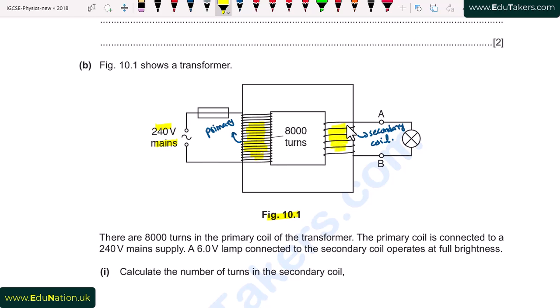Due to this alternating magnetic field, an AC is induced in the secondary coil. It means that in order to induce an alternating current in the secondary coil, we need to create the alternating magnetic field in the primary coil.